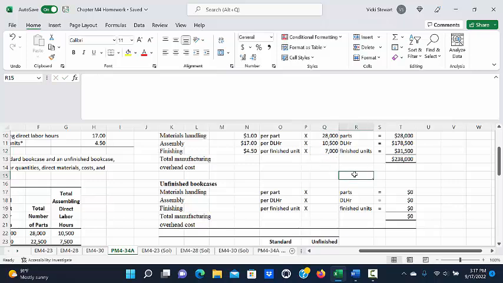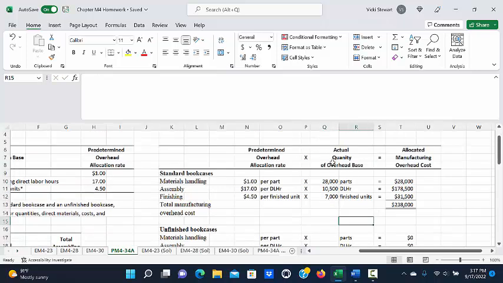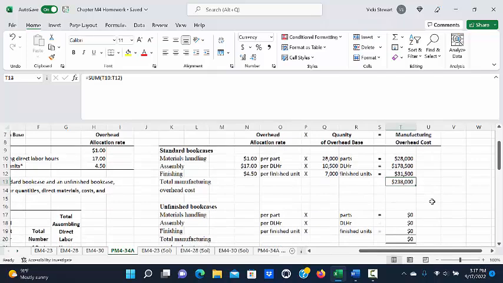So when we multiply the rate by the actual quantity, we get the allocated manufacturing overhead costs for each of those three activities, and then we add those three together to get the total manufacturing overhead costs. So that was for the standard bookcases.